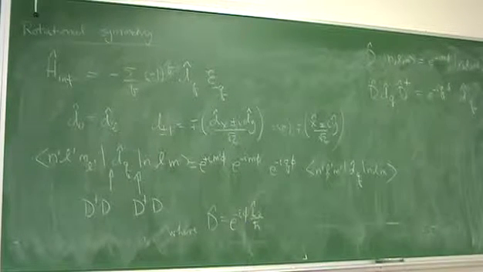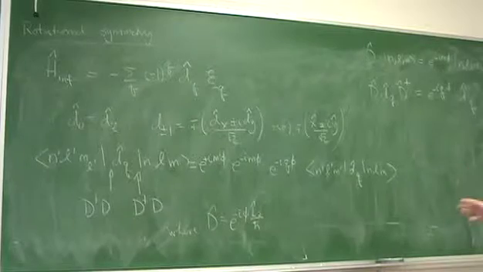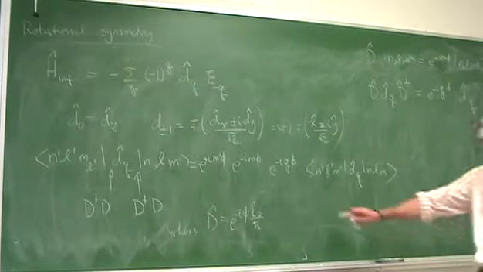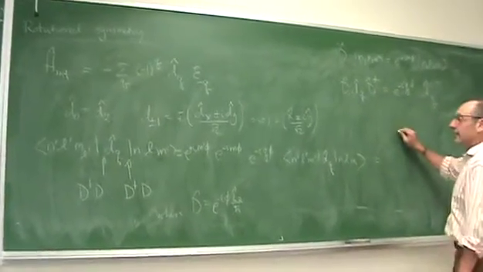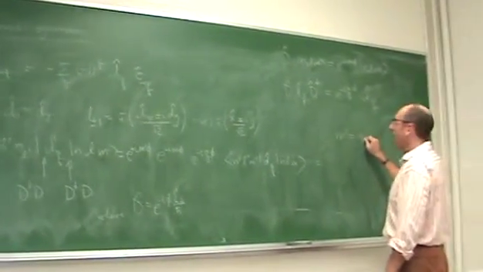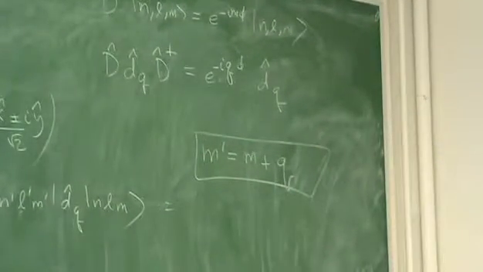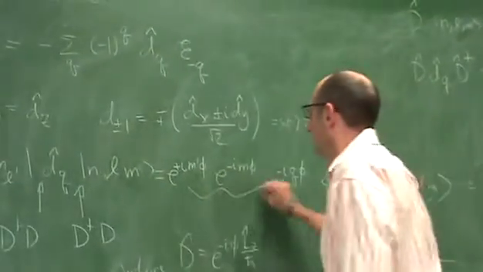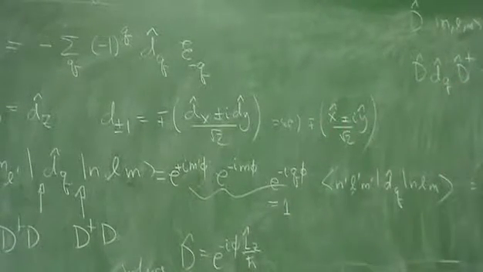So, what do we learn from this? Well, since this has to be true no matter what phi is, because we just put in the identity, it must be the case that m prime has to equal m plus q, because this must be equal to 1. Otherwise it is 0 unless this is true.